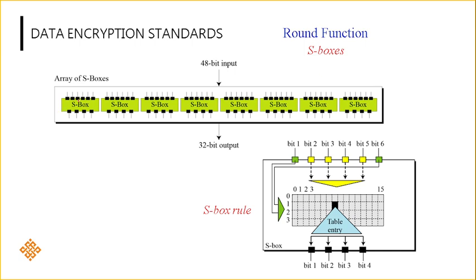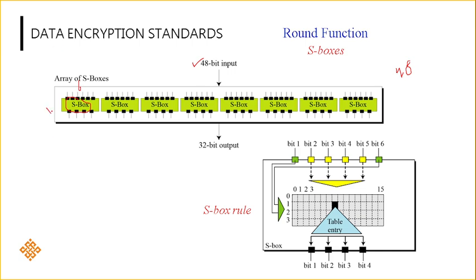Each substitution box takes how many bits as input? 6 bits. 6 into 8 is 48 bits. It means the 48-bit input we are getting is divided into 8 blocks. Each block is of 6 bits. 8 into 6, 48 bits.